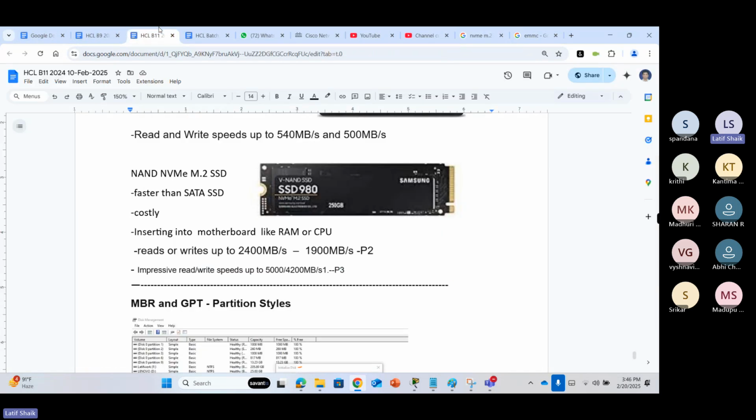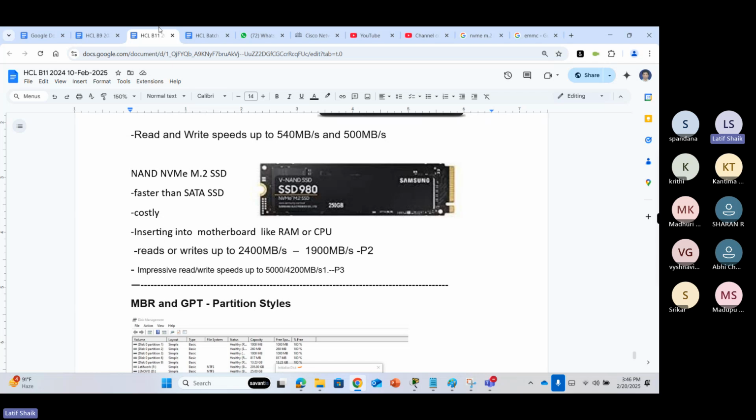See the differences between a SATA interface SSD and an NVMe M.2 SSD. It's showing 440 MB/s and 500 MB/s for read and write speed. But for this one, read speed is 2400 and write speed is 1900.